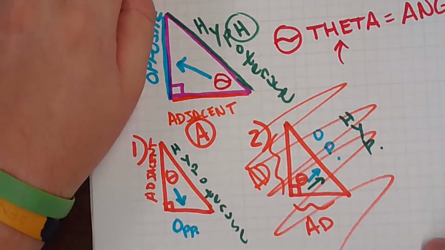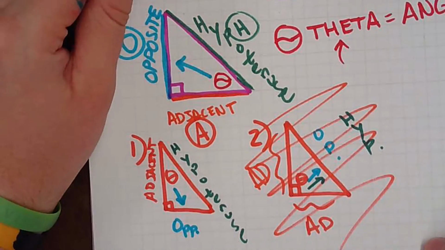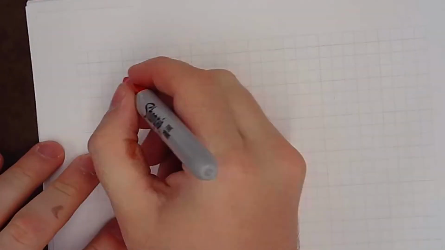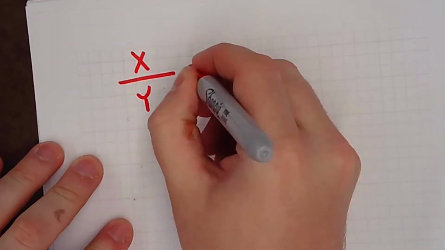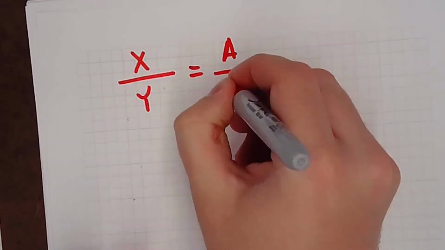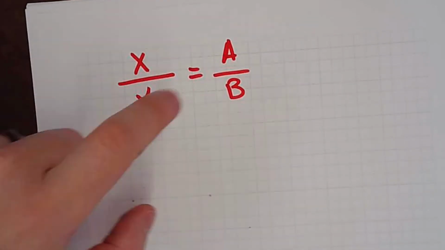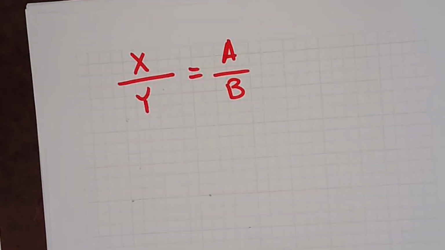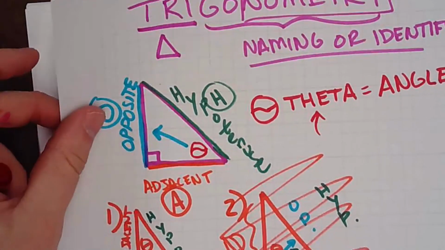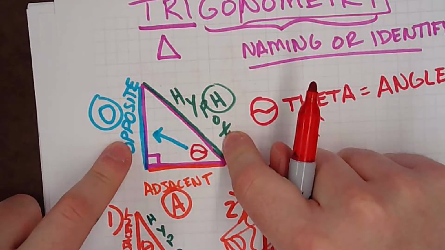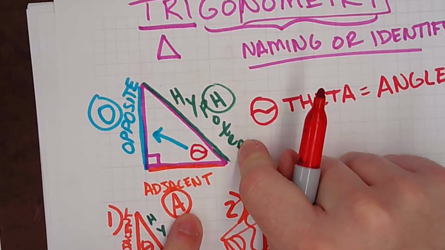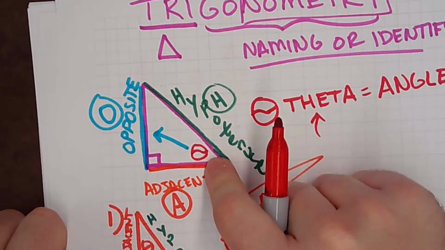We've talked about ratios earlier for our warm-up. Ratios and proportions. A ratio is when we have something like x over y equals a over b. Remember we did that for our warm-up? We had two things equaling another two things, in comparison. There's a special relationship between these sides, between hypotenuse and the opposite, the adjacent and the hypotenuse, and the opposite and adjacent to this angle.